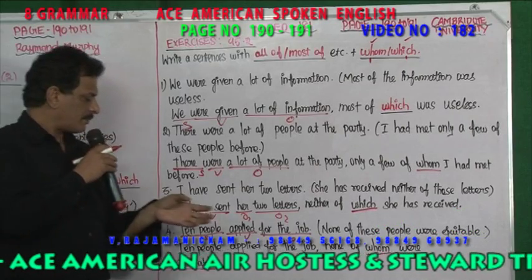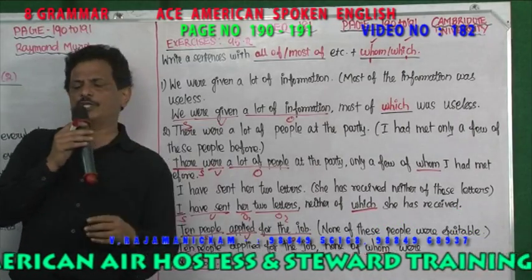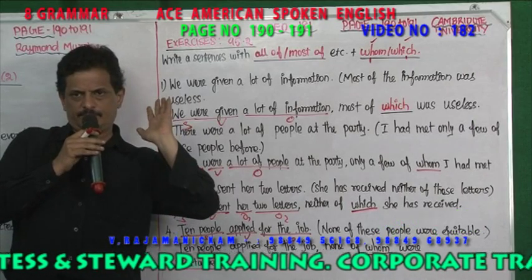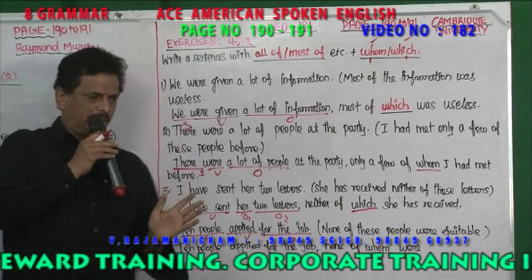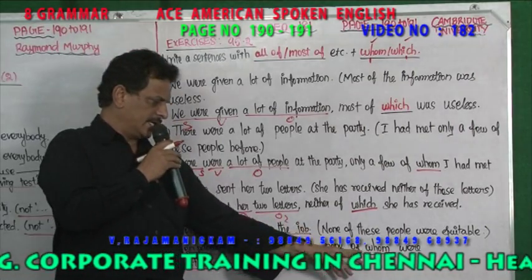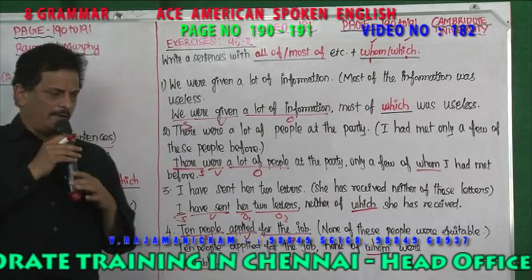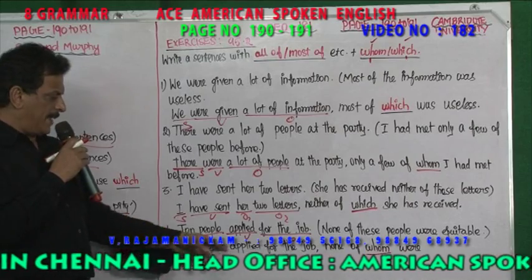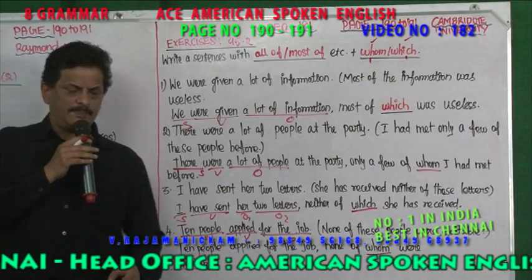So when you want to mention the 10 people, then you are using none of whom, right? So when you want to say it in a single sentence, how do you say? Two sentences: 10 people applied for the job.